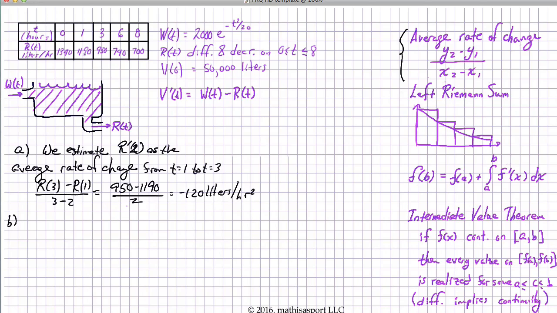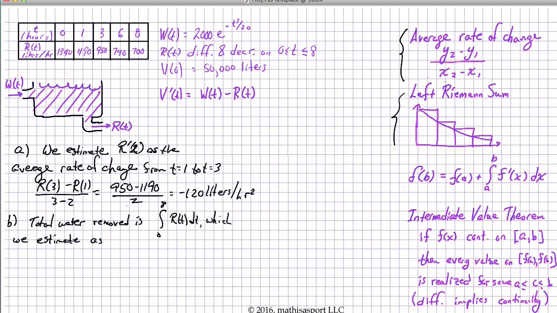And so we're going to say that water removed is an integral from 0 to 8 of R of t dt, which we estimate as, okay, now here I've got this left Riemann sum.